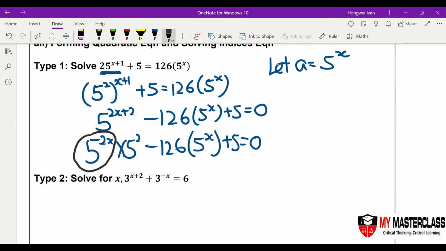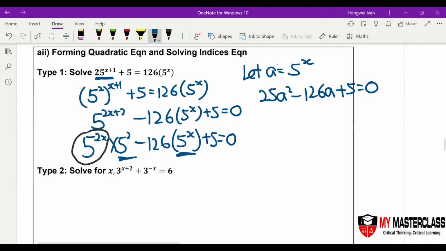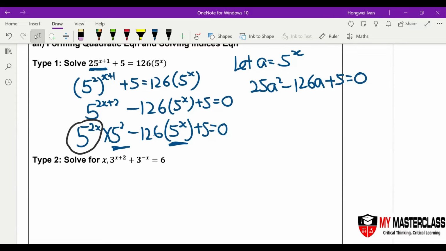A squared. So this is 25a squared, because 5 squared is 25, minus 126a, because this term is a, plus 5 equals 0. There you go, quadratic equation. Then use the quadratic equation solver on your calculator. Yes, Raiden, please tell me what is in the 2 brackets equal to.